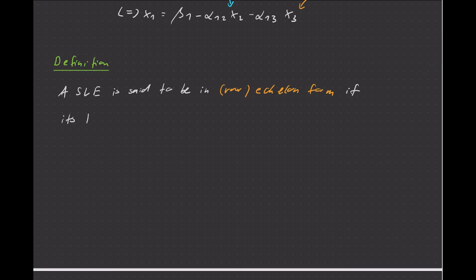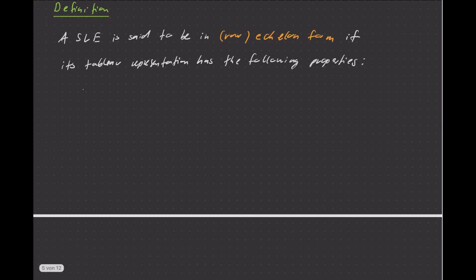If its tableau representation has the following properties. So here are the properties we need. First, all 0 rows are completely at the bottom of the tableau.